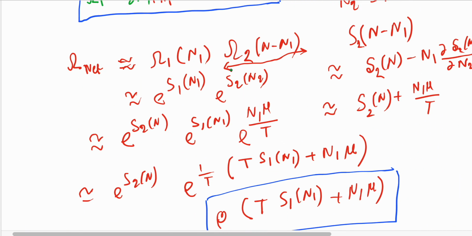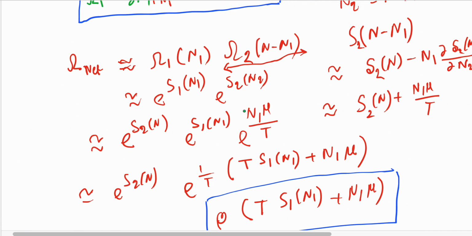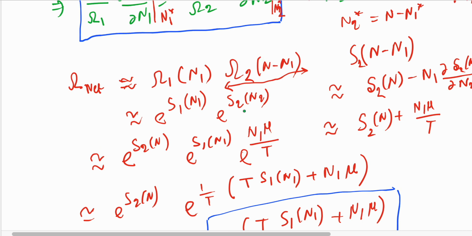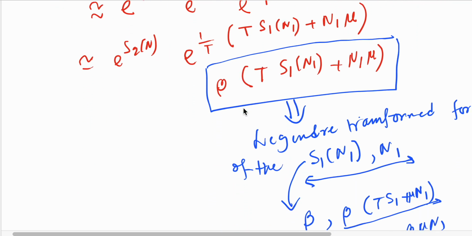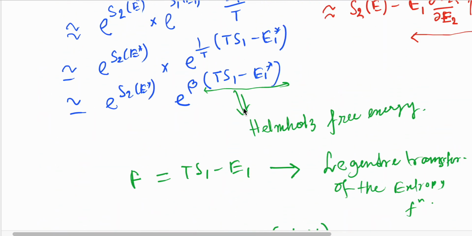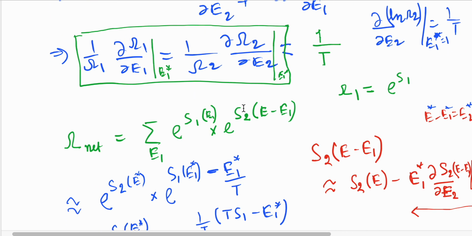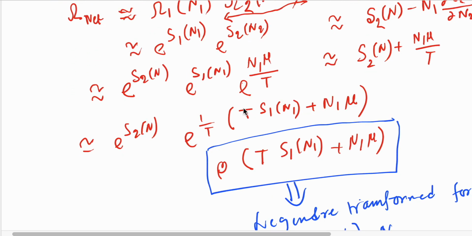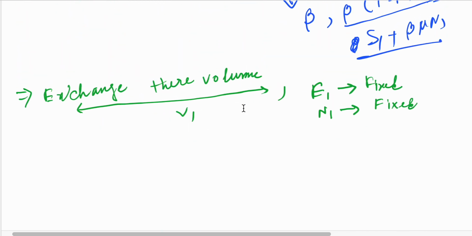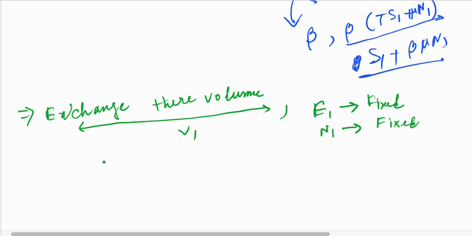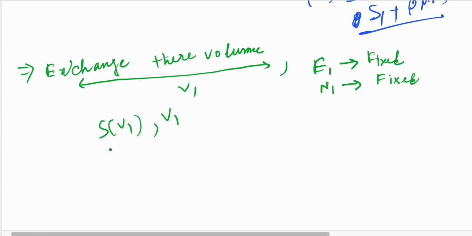As we have grown our intuition from these two calculations, now we can apply our intuition here to tell what will be the Legendre transform form of this S(V1). So obviously one will be beta and the other will be what?